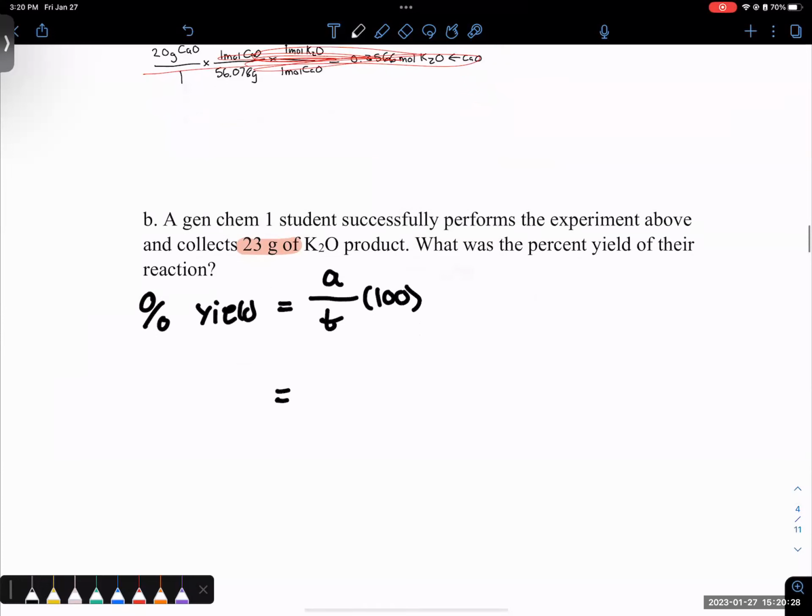What was our theoretical? 30. It was from part A. That's what we solved for. And doing this, you should get 76% yield, which is actually pretty good for anyone. You can publish a paper with 76%.